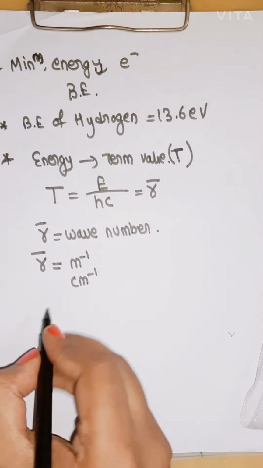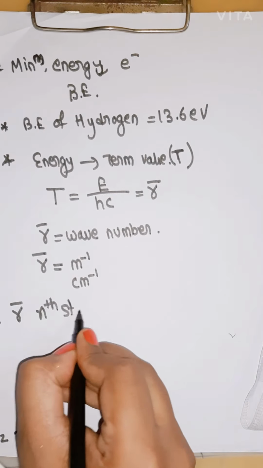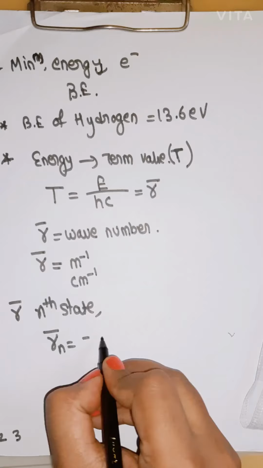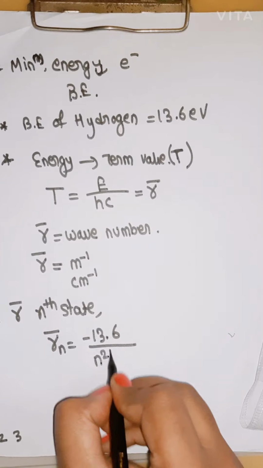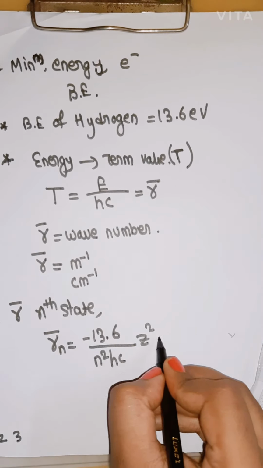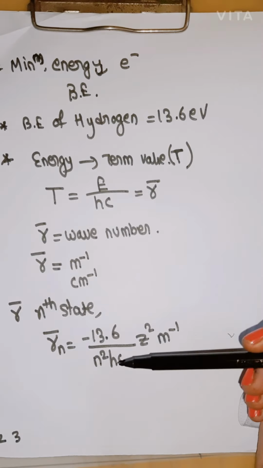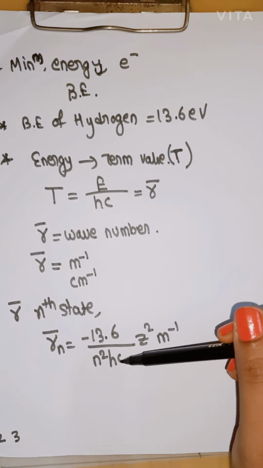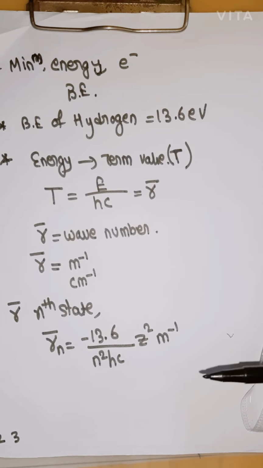So nu bar for the nth state will be equal to minus 13.6 by n square hc, times Z square, meter inverse. That is, the E value we have placed over here, minus 13.6 by n square by hc, times Z square, meter inverse or say centimeter inverse.